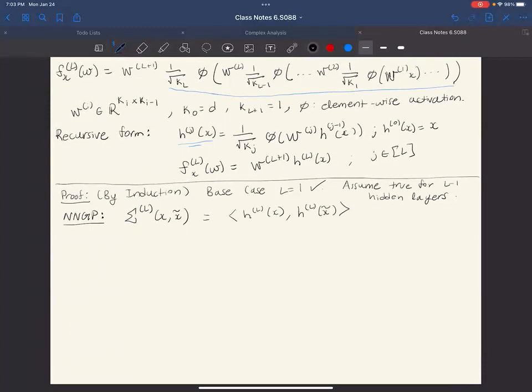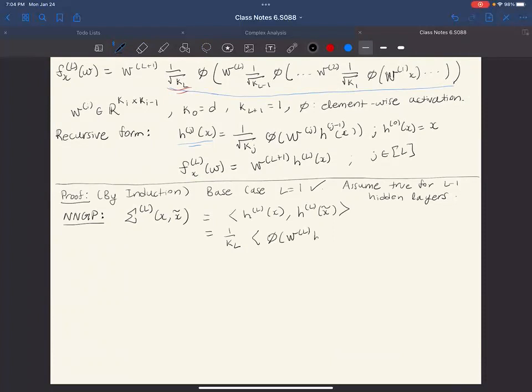Okay. So now we can just start expanding this. I can pull out, we're going to have two 1 over root KL terms that come in here. And so we can just pull those out of the inner product. And now it's going to be an inner product that looks very similar to what we had seen in the past.